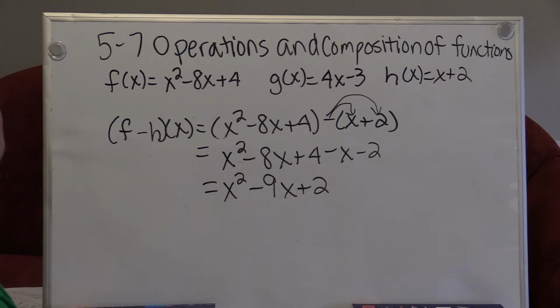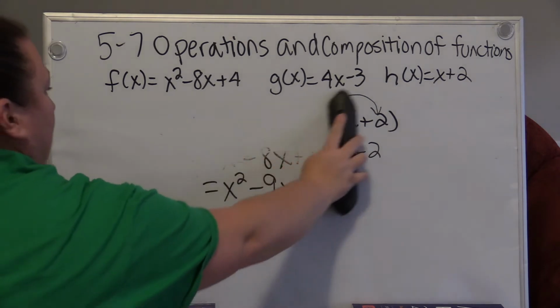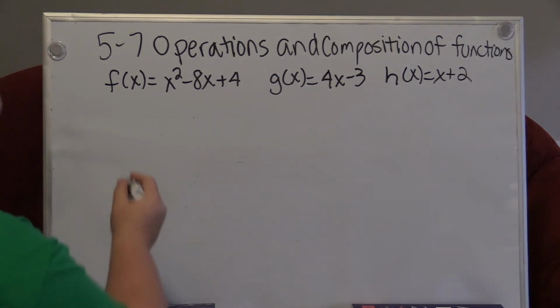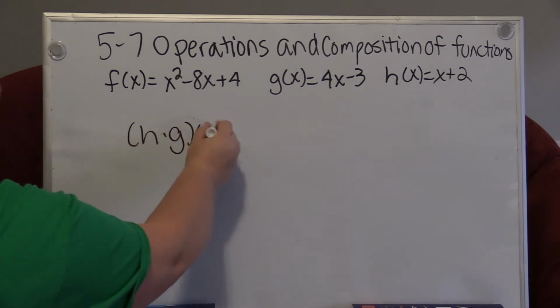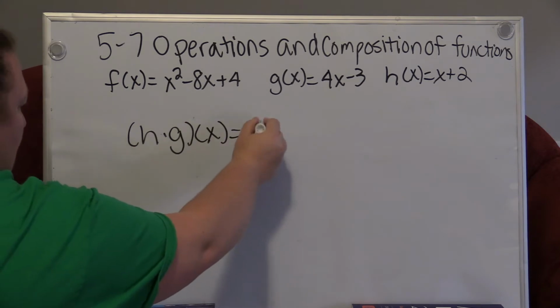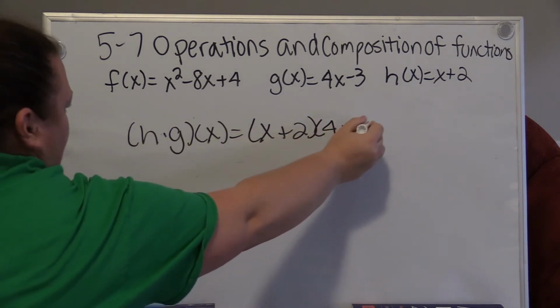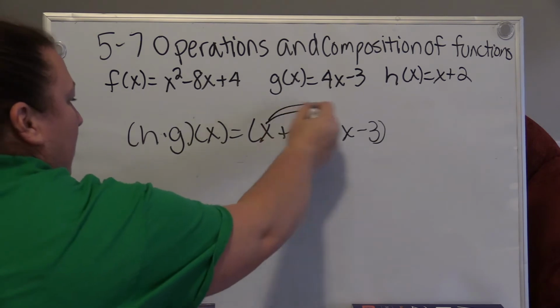Now we're going to multiply. So I have h times g of x gives me x plus 2 times 4x minus 3. So I'm going to distribute.